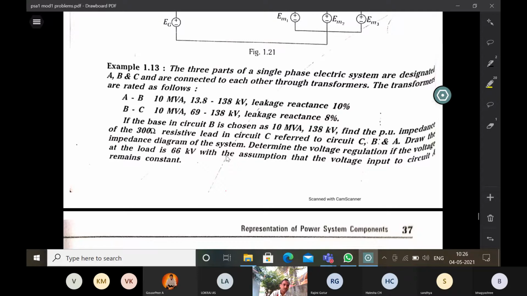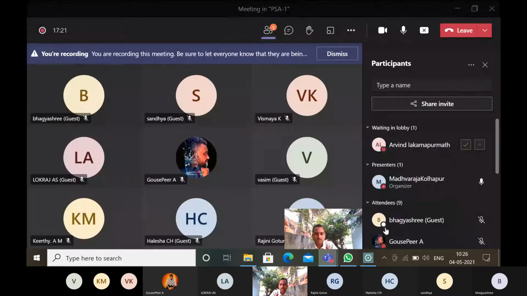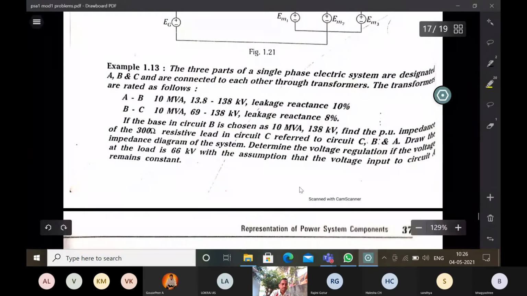The transformers are rated as follows. A to B is 10 MVA, 13.8 bar 138 kV, and leakage reactance is 10%.